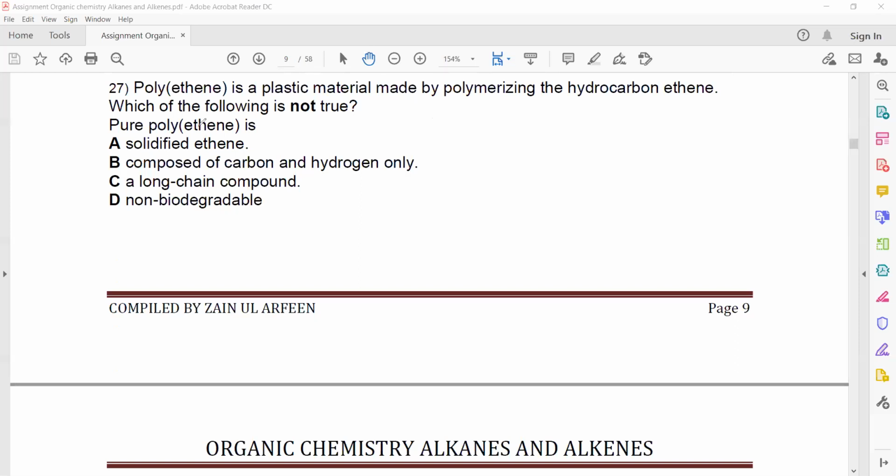A is the correct answer because it's not a solid of ethene. It consists of carbon and hydrogen. It's a long chain compound. It's non-biodegradable. But solidified ethene means ethene is solidified. It's not; it is totally a different compound.